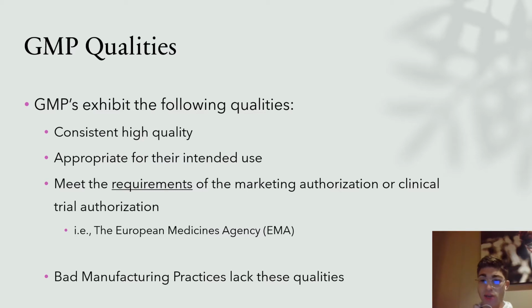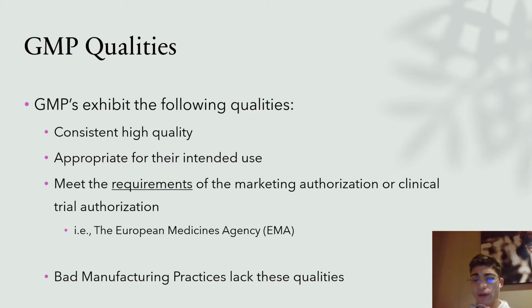So, like I said, GMP stands for Good Manufacturing Practice. But what are the qualities of a GMP? Well, GMPs usually exhibit consistent high quality in terms of the system itself, but also in the products. They're appropriate for their intended use, and they meet the requirements of marketing authorizations or clinical trial authorizations.